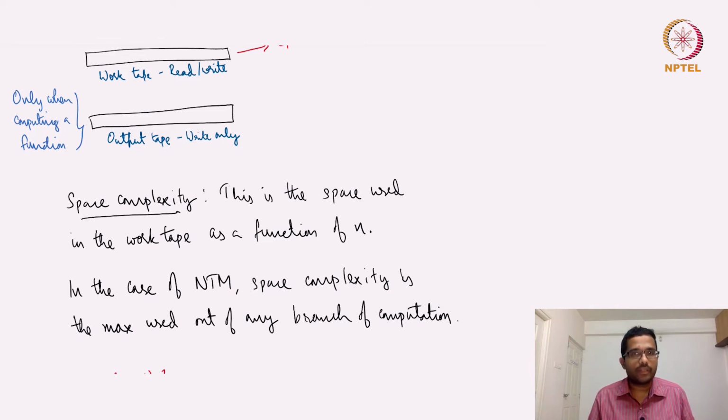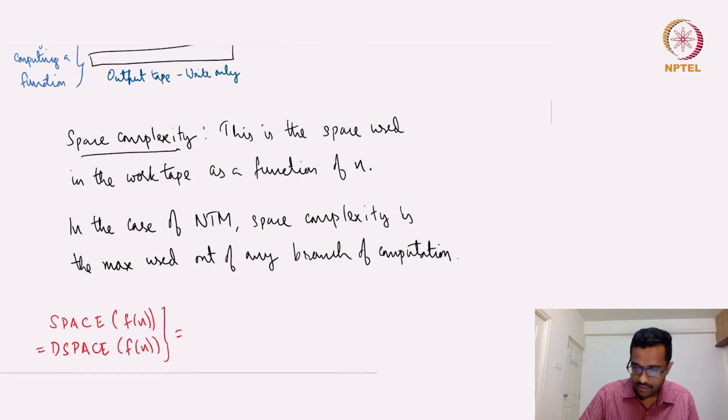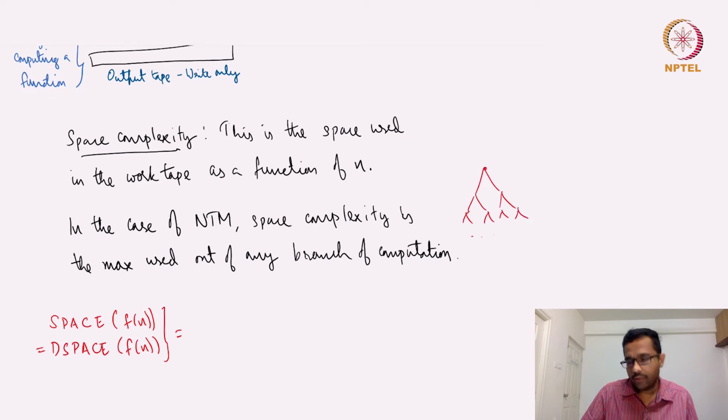In the case of a non-deterministic Turing machine, again, just like in the case of time bounded computation, we look at all the computation paths, and out of all the computation paths on all the inputs of length n, which uses the most space.